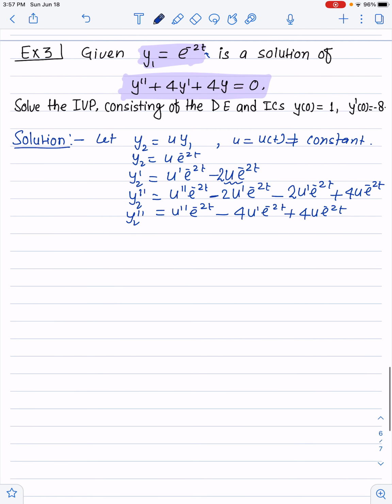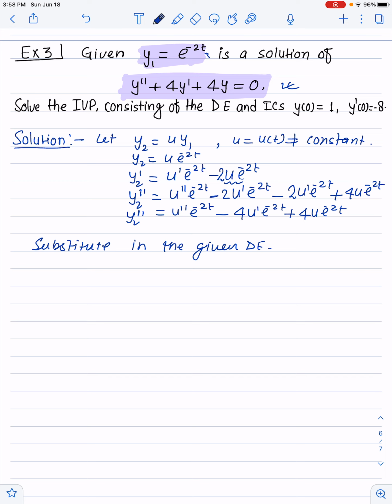So we are going to substitute the values of y2 double prime and y2 prime in the given DE.